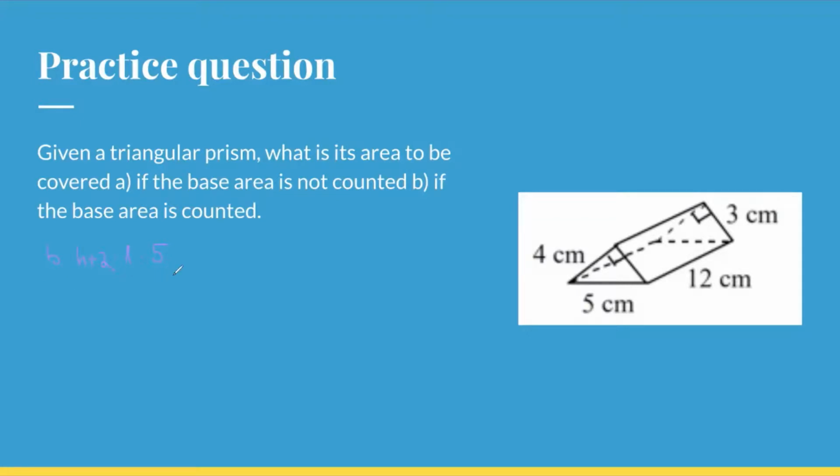But in this case, since we don't have the same slanted height, this slanted height we have is 4 and this one we have is 3. So we are not going to use the 2.